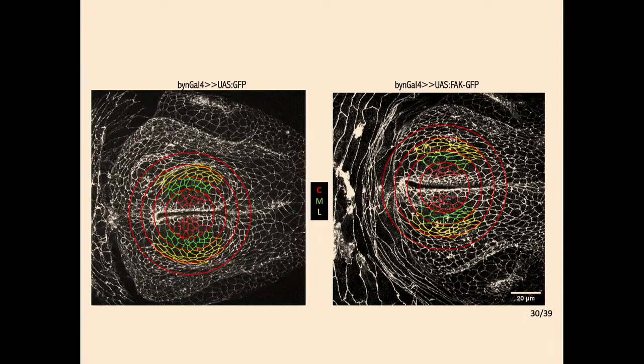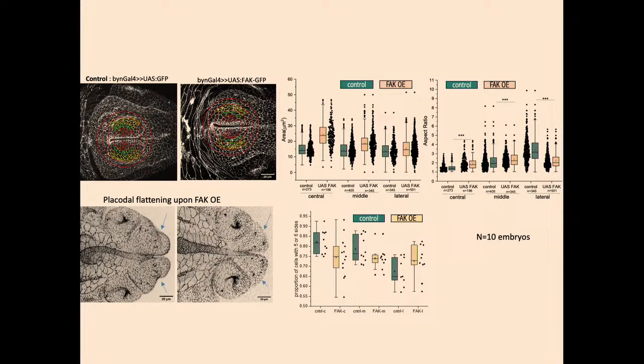So again, you can look at the three zones of cells in controls and perturbed embryos. In the control, some gradients, like the anisotropy strength shown here in aspect ratio, increase as you go from central to lateral. In the perturbed embryos, shown here in light pink, that gradient is flat. All zones of cells have roughly the same aspect ratio.